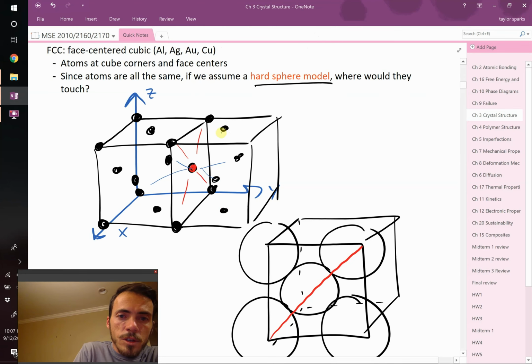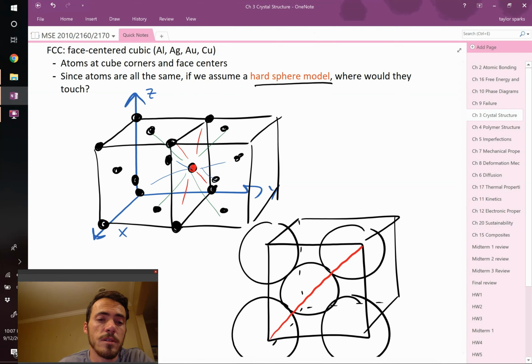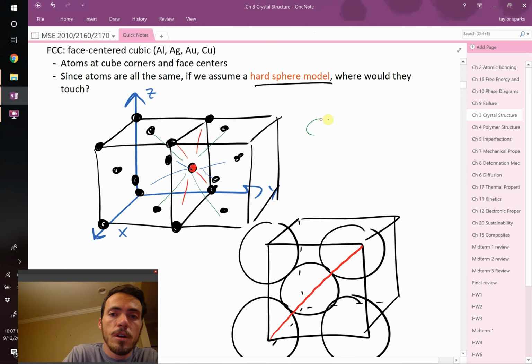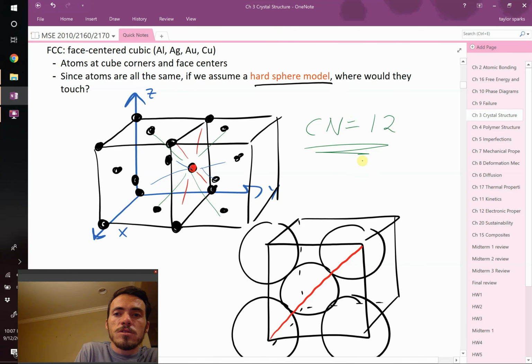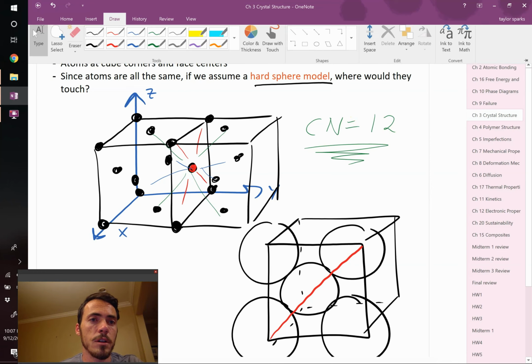But it's also equally close to that top, to that bottom, to that bottom. So I understand that's messy, but in 3 different directions, X, Y, and Z, it's equally close to 4 atoms. So the coordination number, Cn, is equal to 12. It is 12 coordinate. We told you that that's a high number, right? That's a large number of atoms to be equally close to. It forms a special geometric shape that we'll talk about a little bit later in this class.